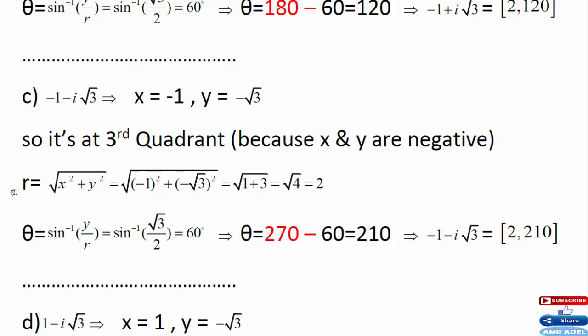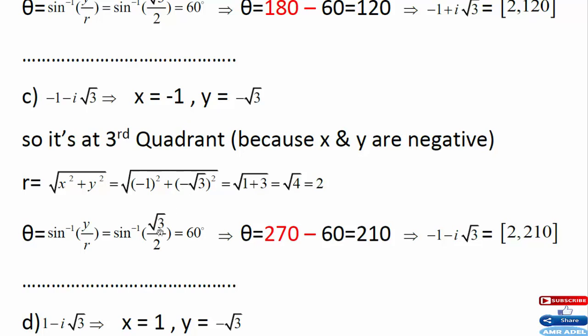So directly r will be the same, x squared plus y squared: negative 1 squared plus negative root 3 squared. It will be 1 plus 3, which is root 4, which is 2. R is easy to find. But the angle, with the same idea, is y over r. And y is root 3 without sign. Don't take the sign with us when we solve.